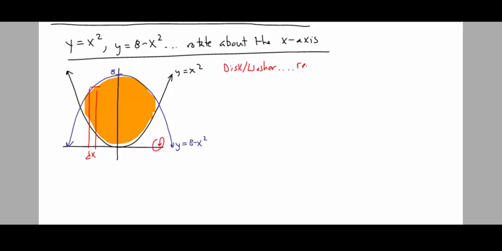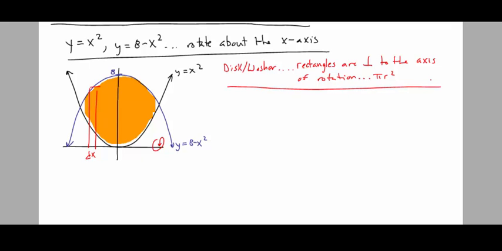So if my rectangles are perpendicular to the axis of rotation, I'm thinking about that pi r squared. I'm looking at area here. So to get started, I'd have my pi. Now these are going to go from whatever this point is to whatever this point is over here.